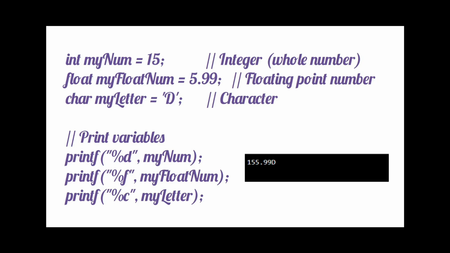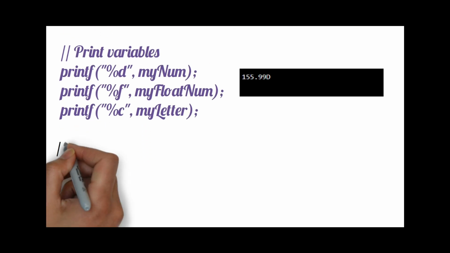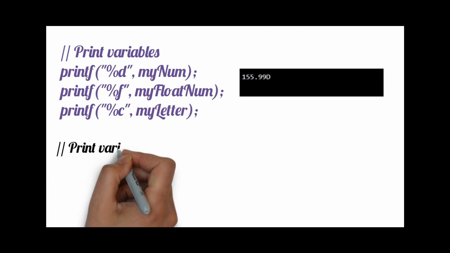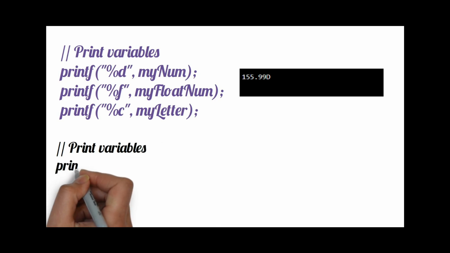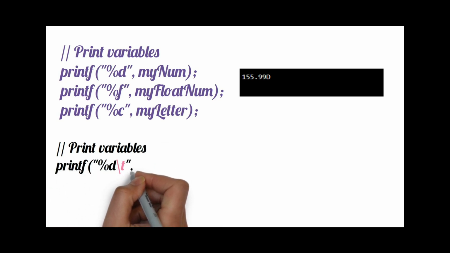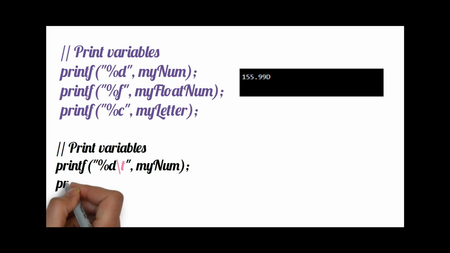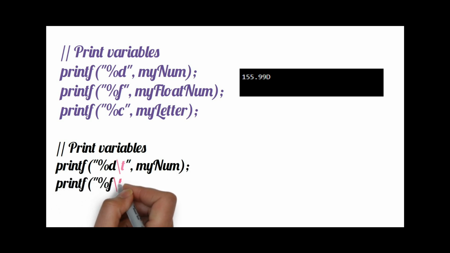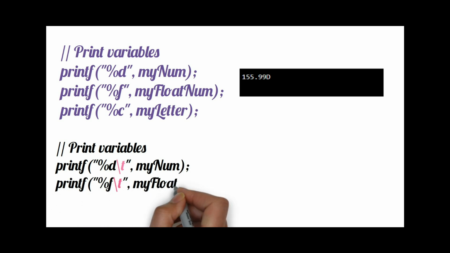Now, if you want to give sufficient space on a single line, which escape sequence do you need to introduce? If I want to print on the same line with a specific space, then I'll use backslash t. So now the existing code will change like this: printf, double quotes, percentage d, backslash t, double quotes close, comma mynum.